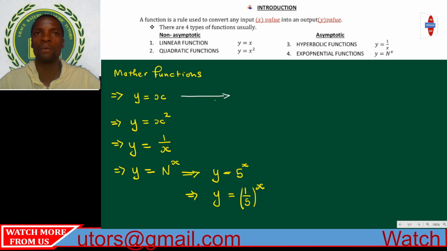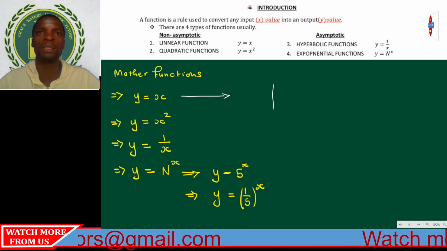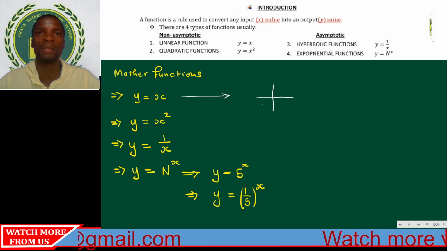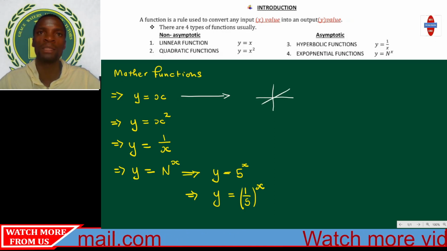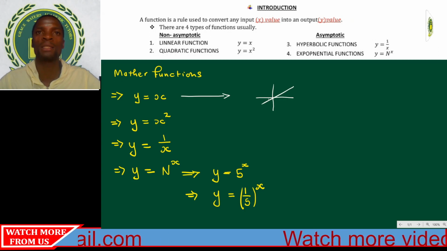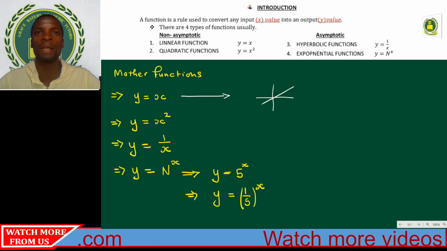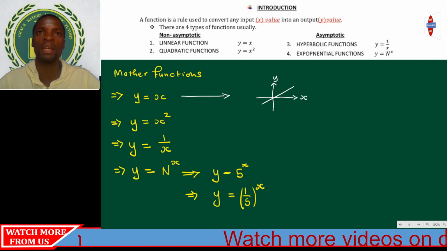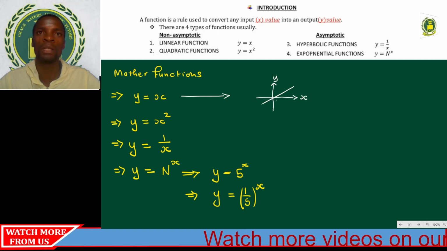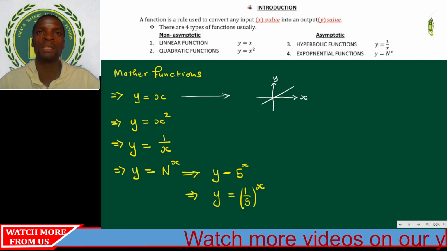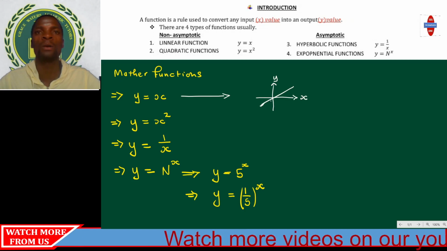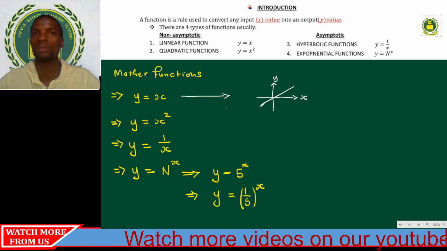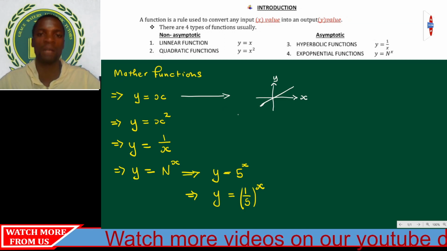When we have y equals x, the graph is like this, meaning the graph is a straight line which cuts the y-axis and the x-axis at the point of origin, which is 0 0, and it divides the graph into two equal parts. That's what you call a linear function, and that's the nature of a linear function.